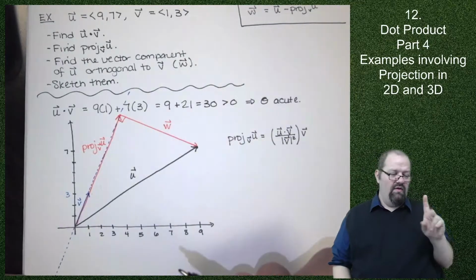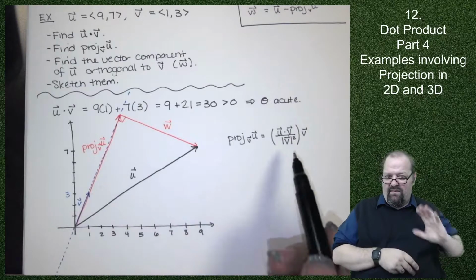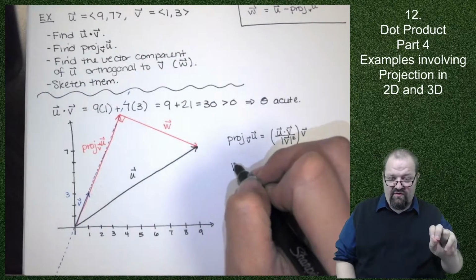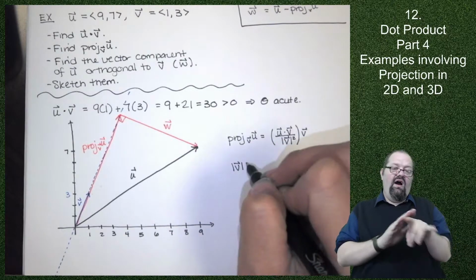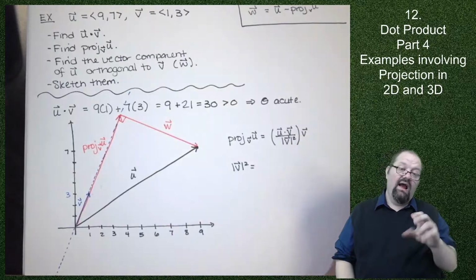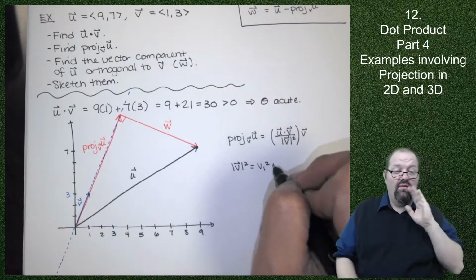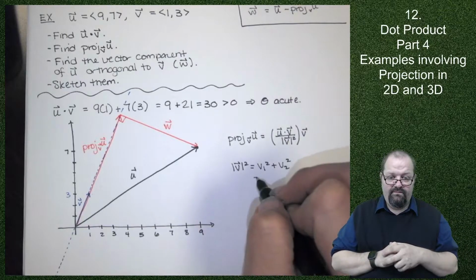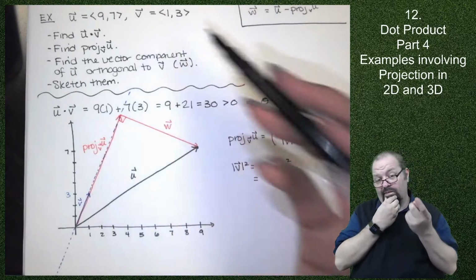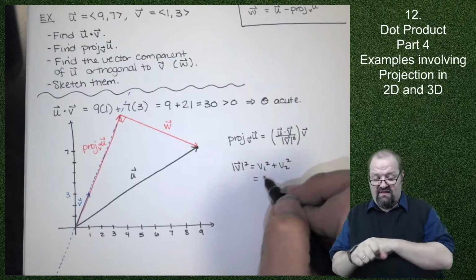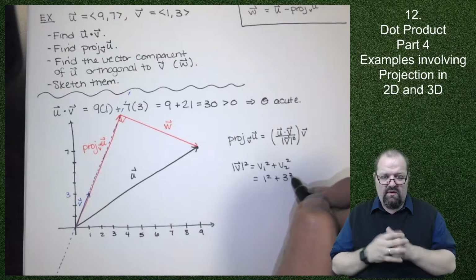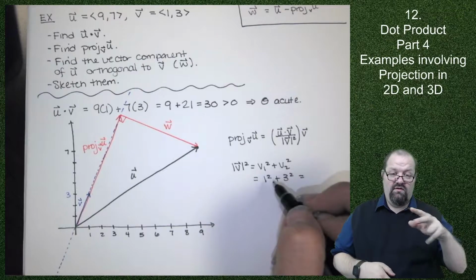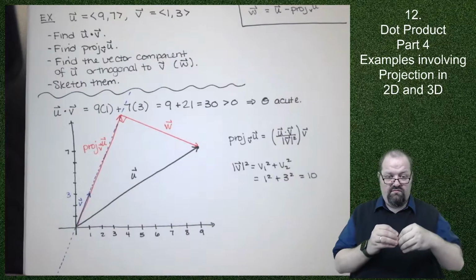I calculated that earlier. That was 30. So I need to find the length of v and actually square it. So that's just going to be the sum of the components squared. Or you could take the length and then square it. That would work too. So we're going to have 1 squared plus 3 squared. So that's going to be 1 plus 9, which is 10.